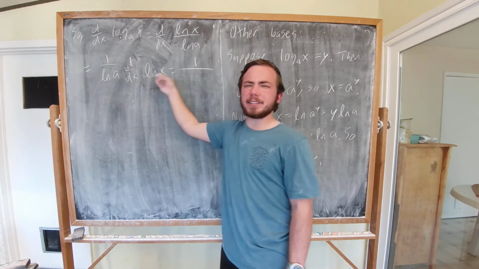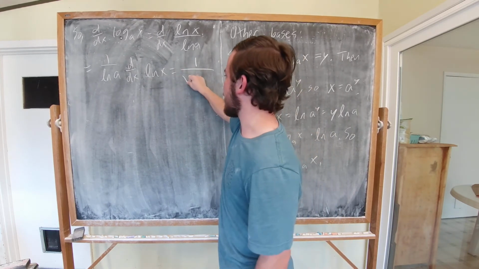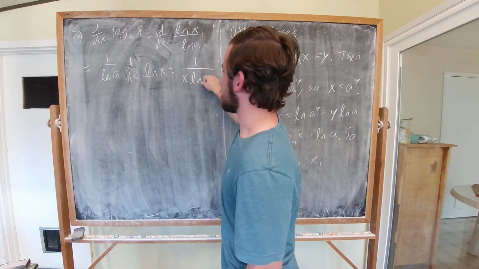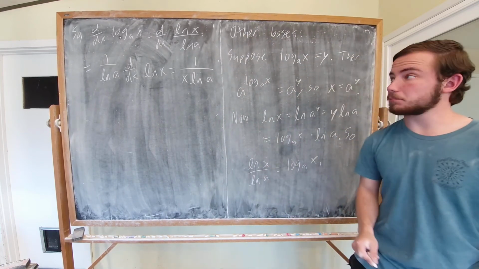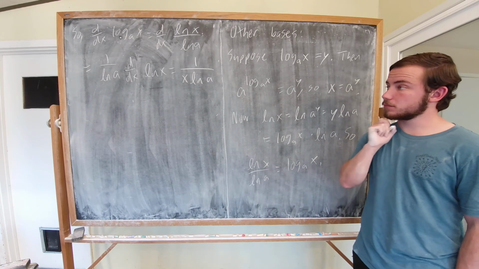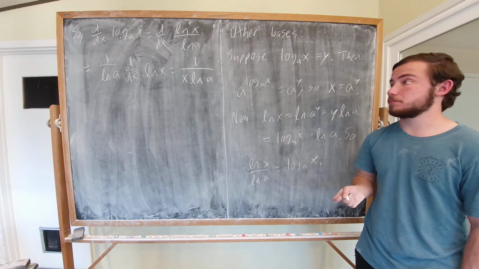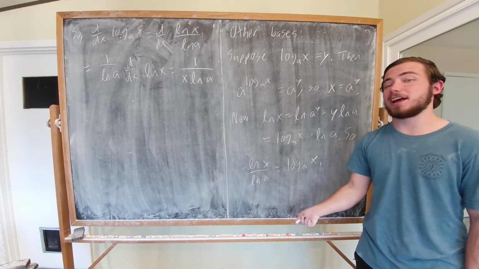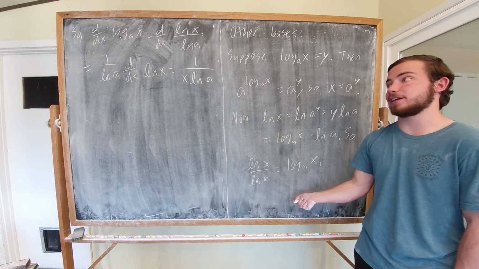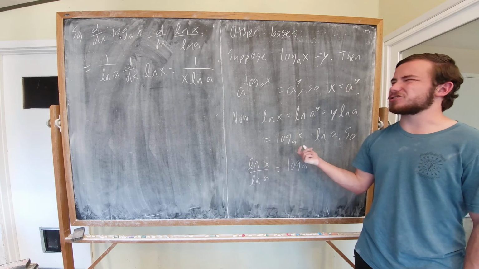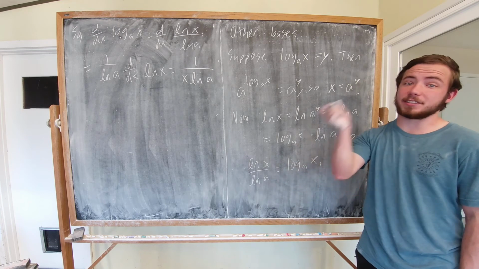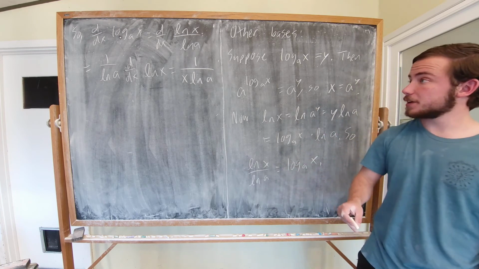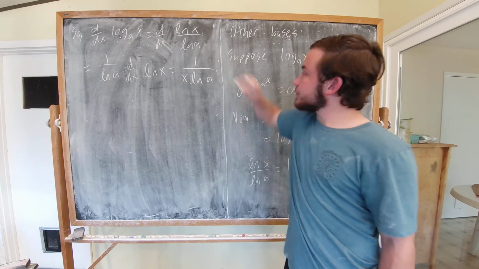That's 1 over x, so we're left with just 1 divided by x times the natural log of a. Nice. Little conversion factor of 1 over natural log of a in there. I don't think that should be surprising, given how the conversion from e to the x to a to the x worked. But it's a nice little fact.